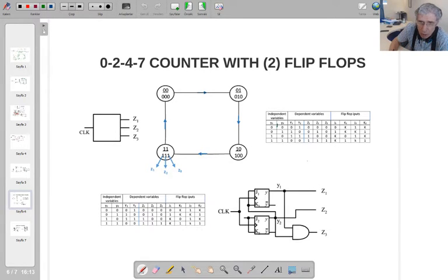You compare this small y1 and this capital Y1, and determine the J1, K1 functions by using the excitation table, in other words, the inverse definition relation.